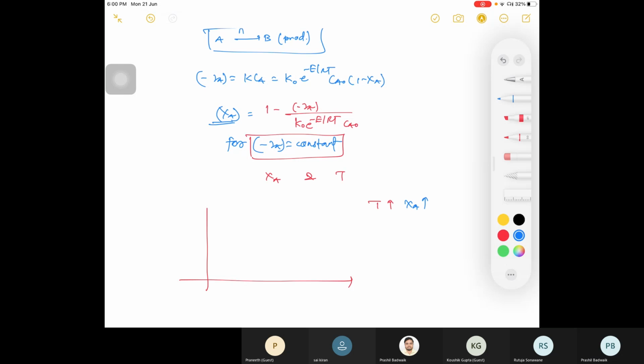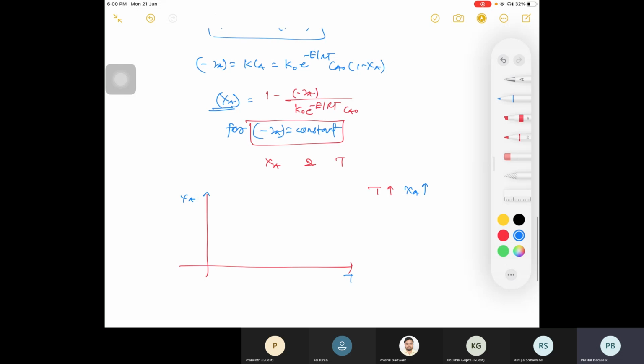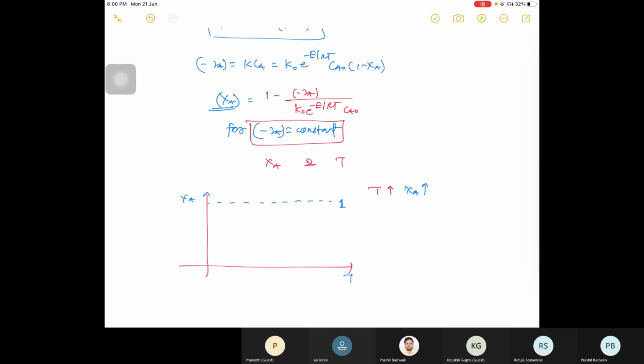Okay, this is your Xa versus temperature curve. What is your maximum conversion possible? That is your 1. Right?